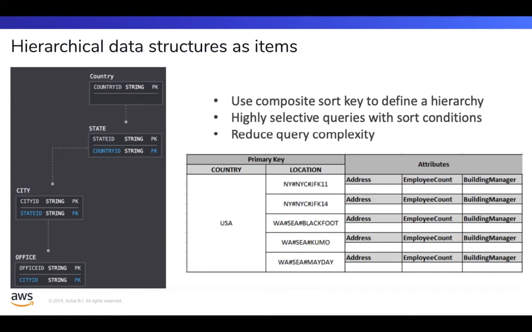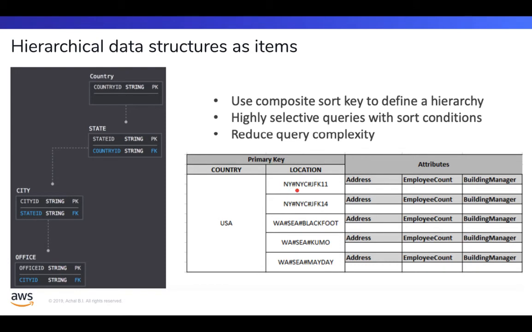So let's understand what that hierarchical relationship means. Here is the example which I spoke about earlier. There is country, state, city, and also office. We have created a composite sort key called location.